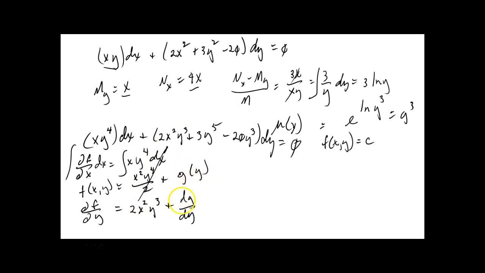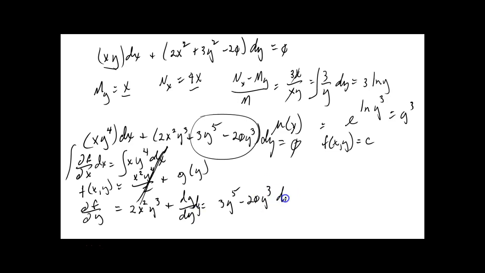This indicates that dg dy must be equal to 3y to the fifth minus 20y cubed, right? For this to be true, that has to be that, because the partial of f with respect to y is this N over here. So what do we do here?